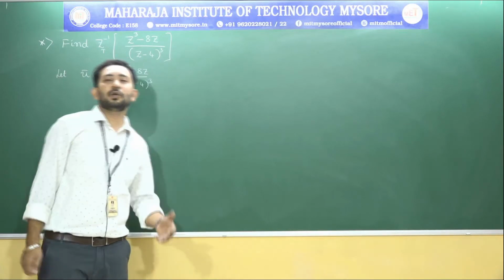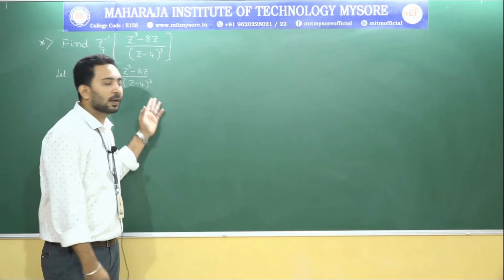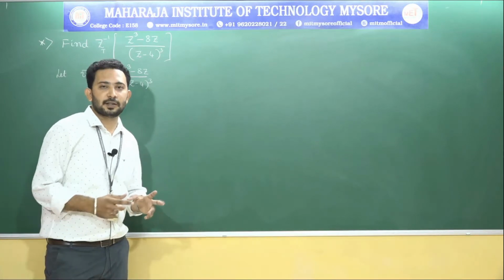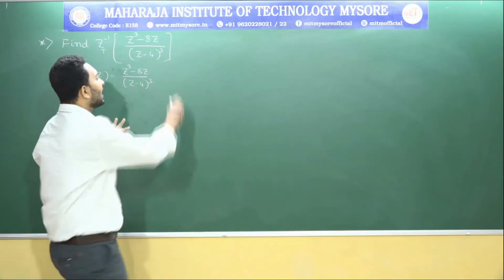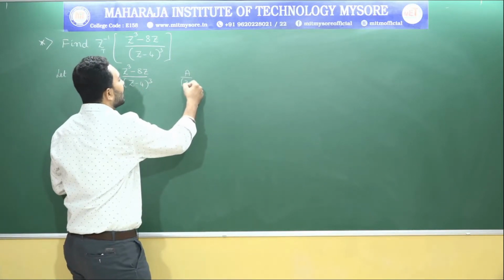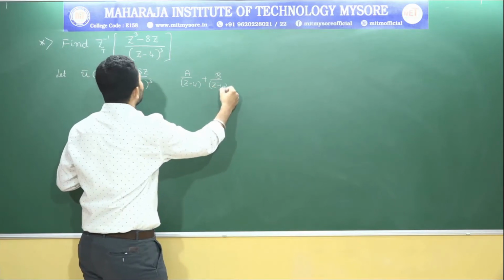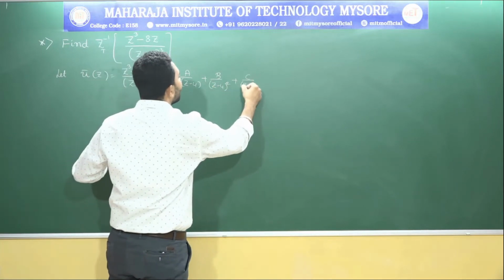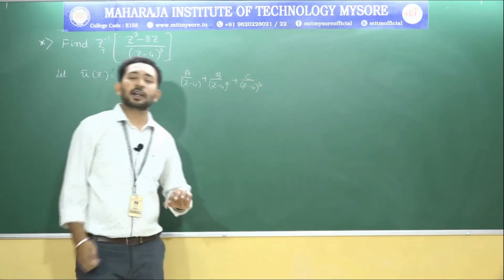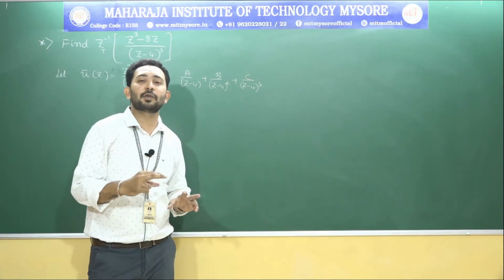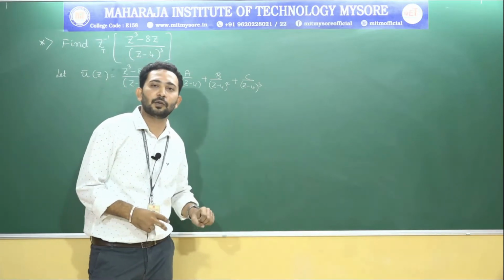Before going to the partial fractions method, for this particular problem we should have some assumption. If we apply partial fractions here, we'll get a divided by z minus 4 plus b divided by z minus 4 whole square plus c divided by z minus 4 whole cube.